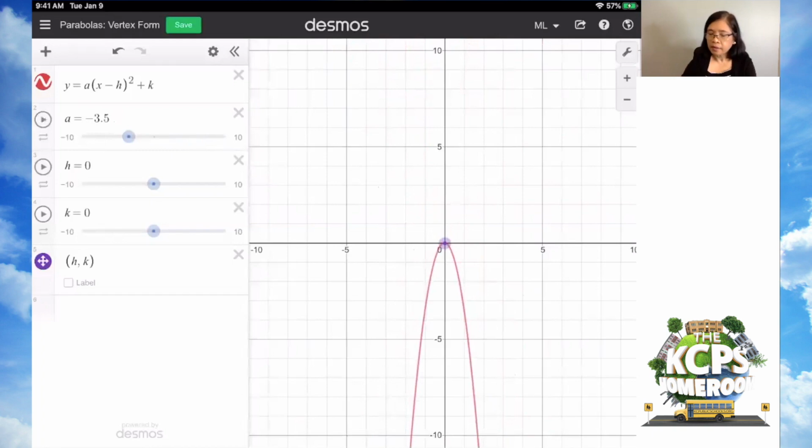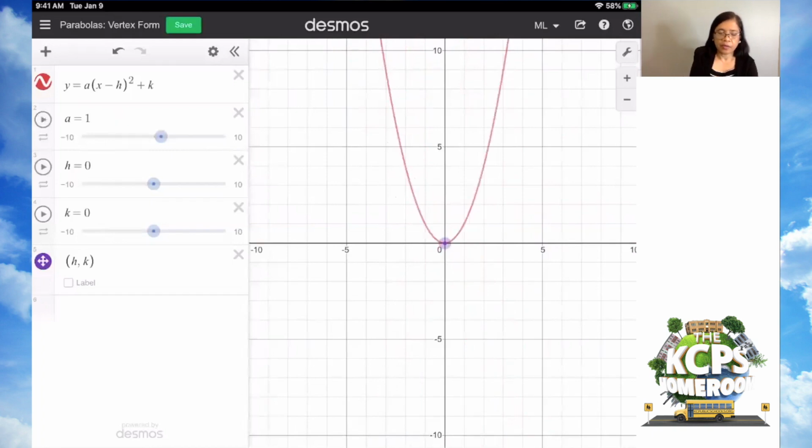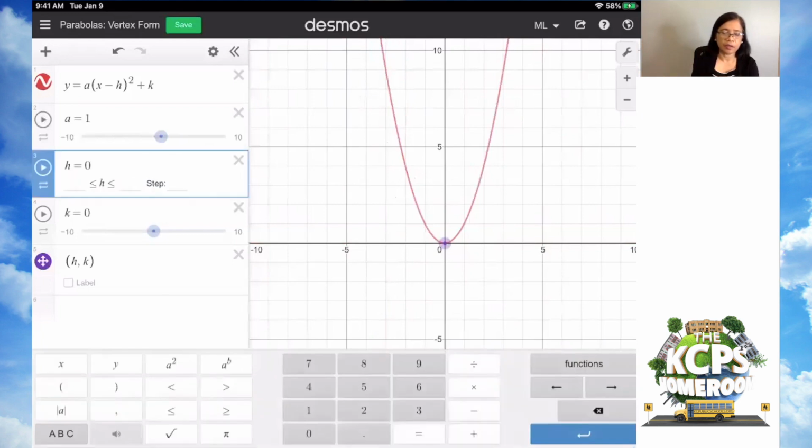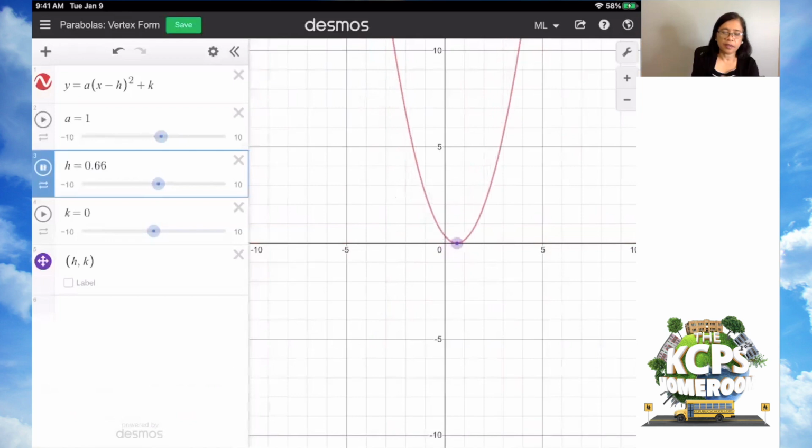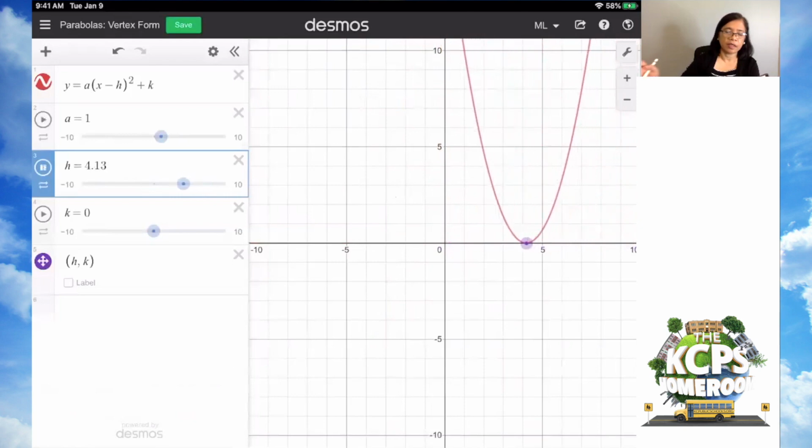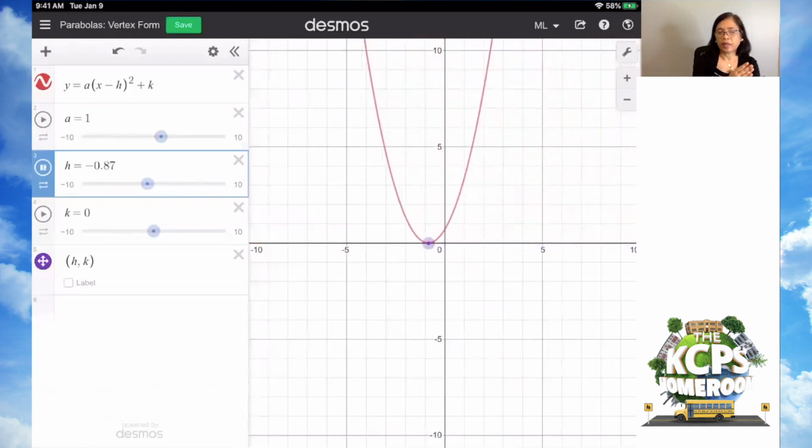Then, when we change the value of h, we keep a constant. We're not changing the width or reflecting it across the x-axis. Let's change the value of h. When h is positive, the graph moves to the right, and it moves to the left when it's negative.